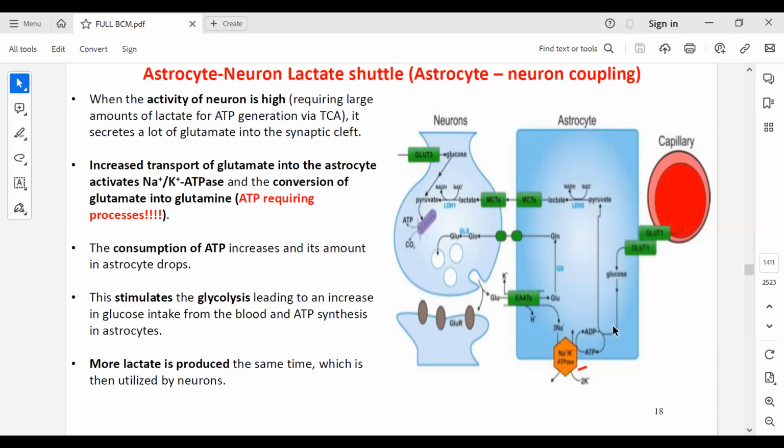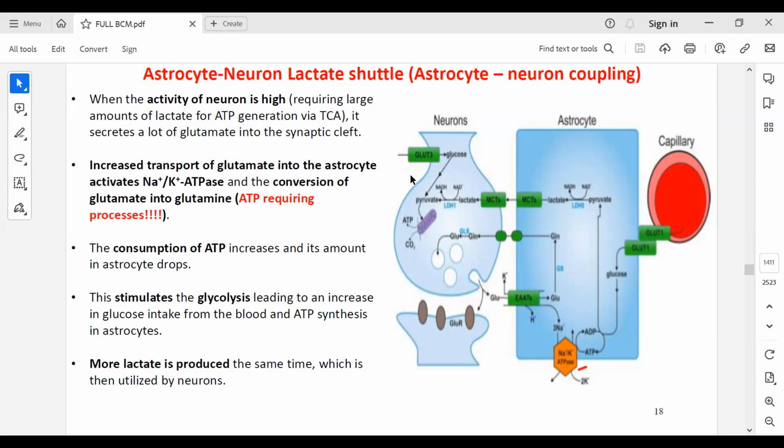And if in the astrocytes ATP drops, then that will promote glycolysis, so it can produce more ATP in the astrocytes. So more lactate will be produced, and that will go into the neurons and be utilized there.